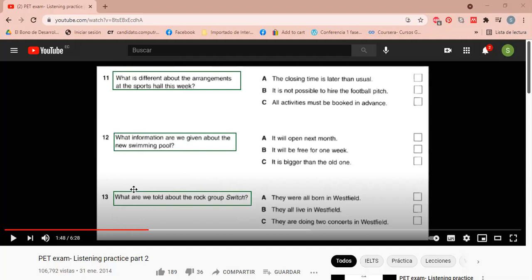And what are we told about the rock group Switch? ¿Sí? ¿Y qué sabemos o qué nos han dicho sobre el grupo de rock denominado Switch? Pay attention to the next part and try to write down the answers of each question. ¿Sí? Para este ejercicio les recomiendo ir anotando en un papelito las opciones con las respuestas correctas, ¿ok?